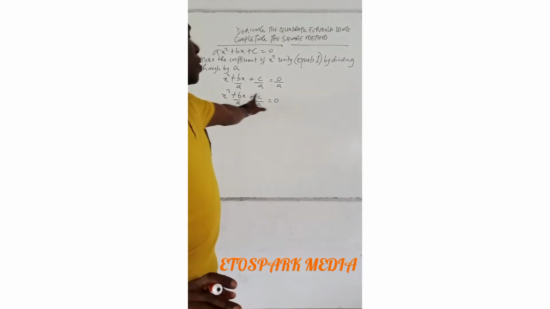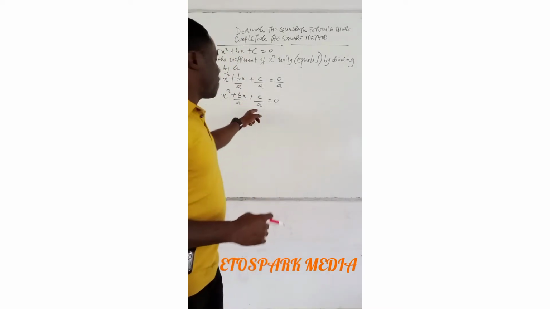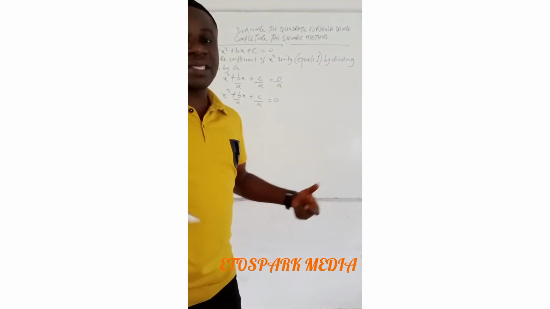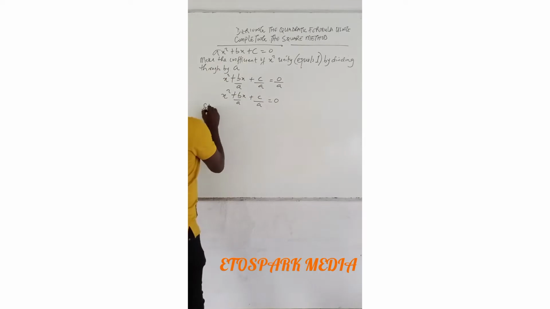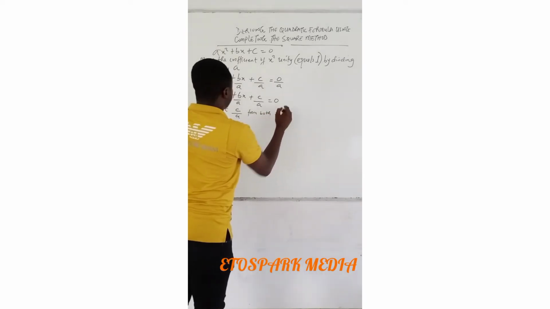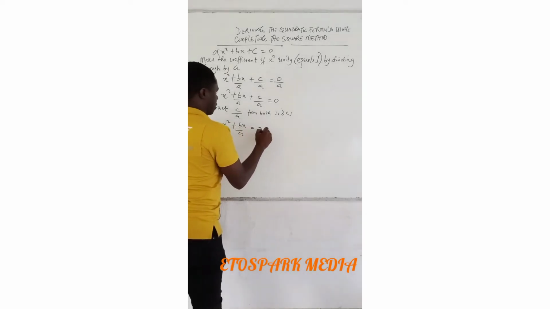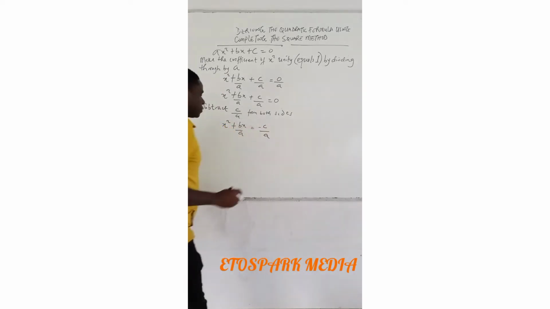Now, for us to proceed from here, we need to subtract c over a, the constant term, from both sides. And if we do that, this is what we have. X squared plus bx over a equals minus c over a.